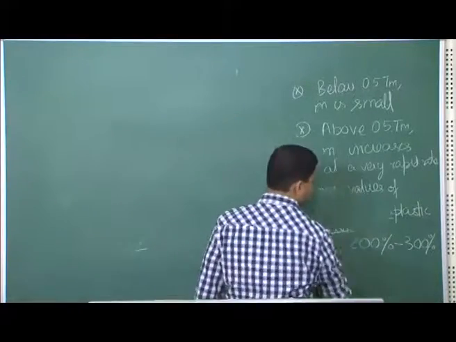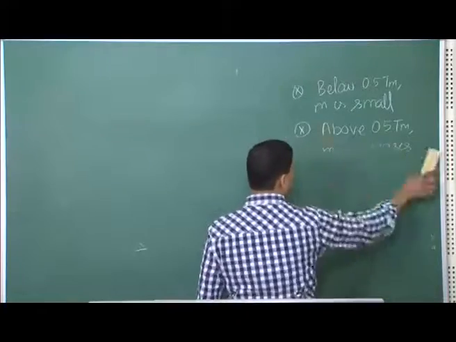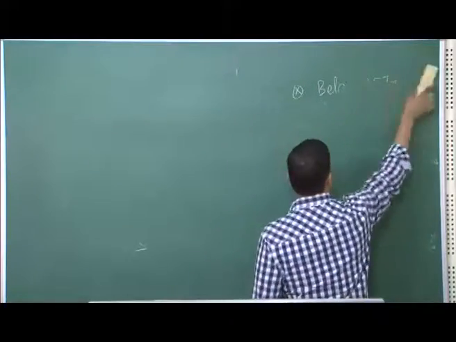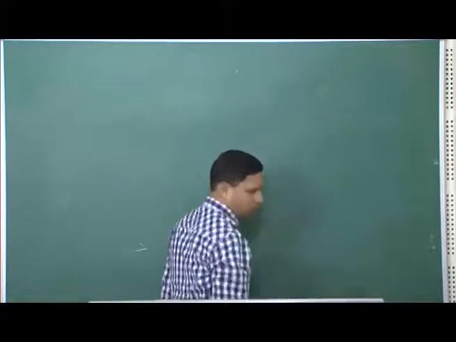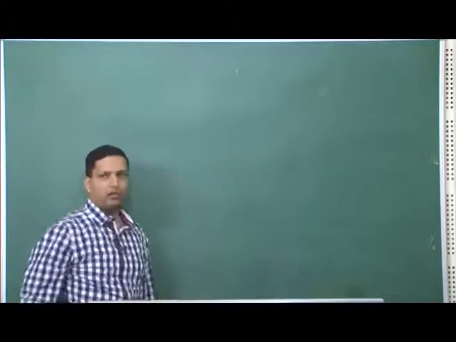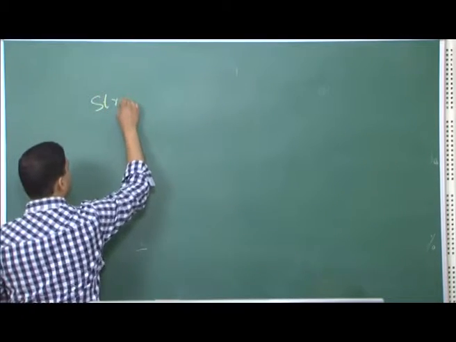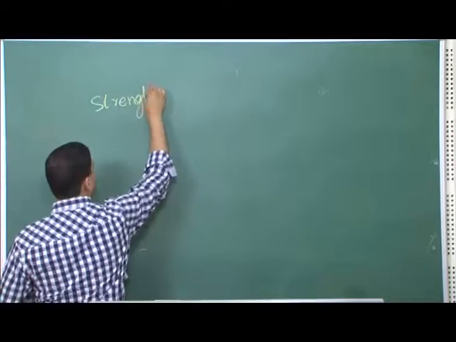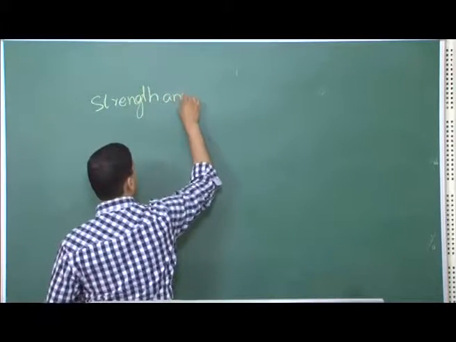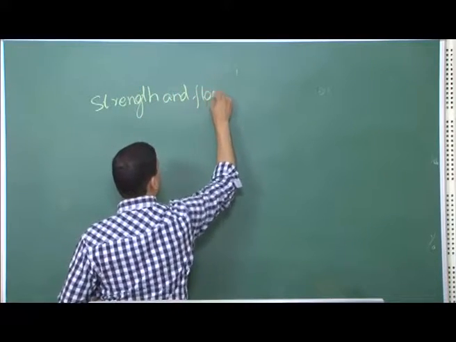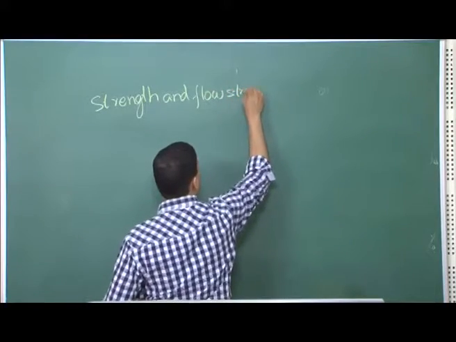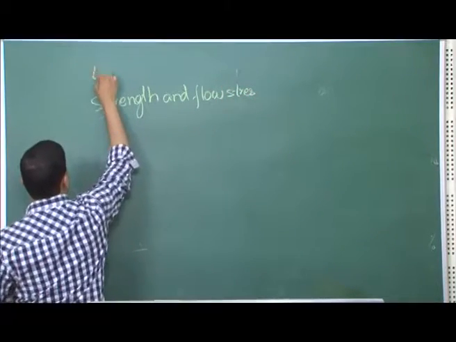For example, just imagine that you are doing the deformation at low temperature versus high temperature, never mind what is the value of m. What would you think would happen to strength and flow stress? So, we are looking at the effect of temperature.